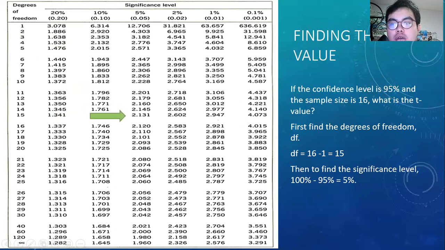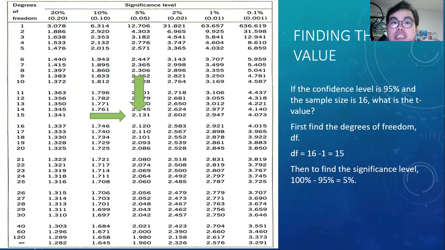Now we correspond the degrees of freedom, which is 15. It points to 2.131. Are we sure that 2.131 is the t-value according to the degrees of freedom 15? Let's see. Correct.